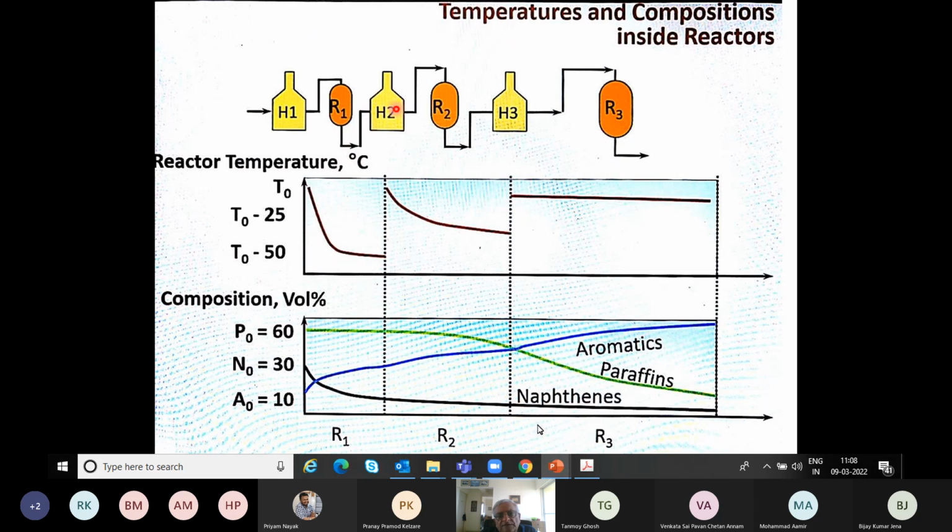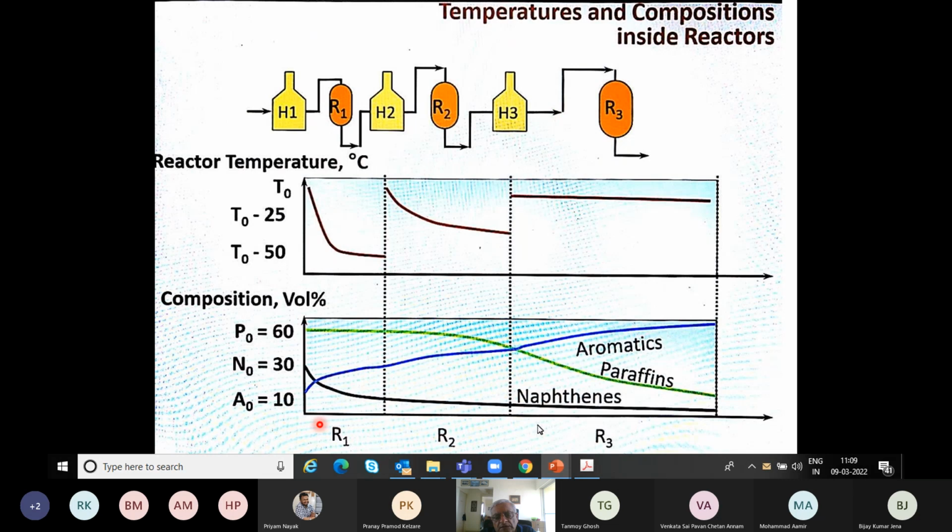Then we preheat the feed again, and it goes into the second reactor where the rest of the dehydrogenation takes place and the other reactions start happening. That means the dehydrocyclization of paraffins as well as isomerization reactions, which also create endothermicity, a drop in temperature. So we preheat the feed once more and pass it through the third reactor.